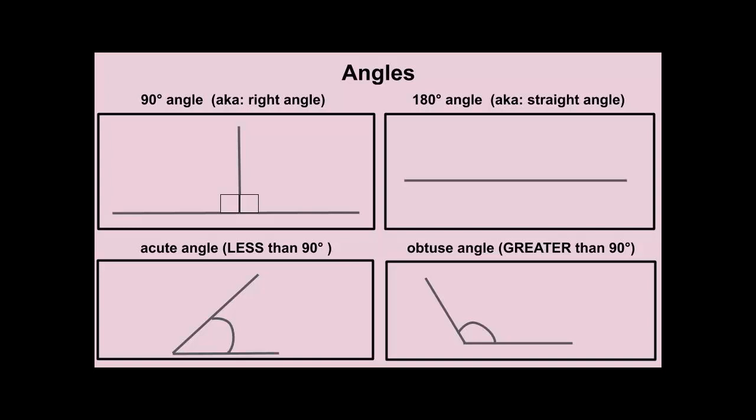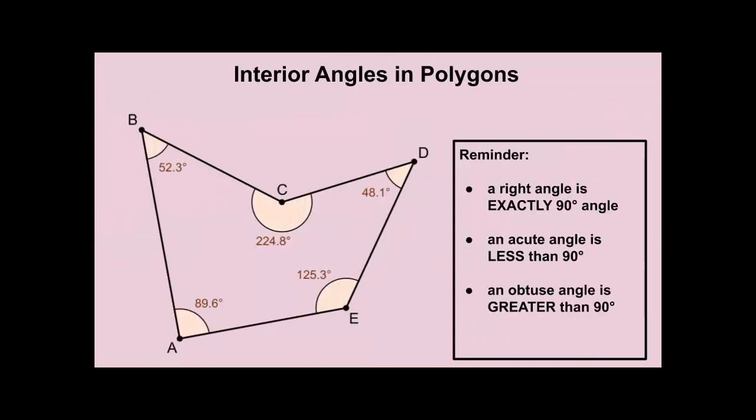Obtuse angles are anything that is more than 90 degrees but less than 180 degrees. So there's a very wide range of obtuse angles, which is similar to acute angles. An acute angle is anything less than 90 degrees, but greater than 0 degrees.